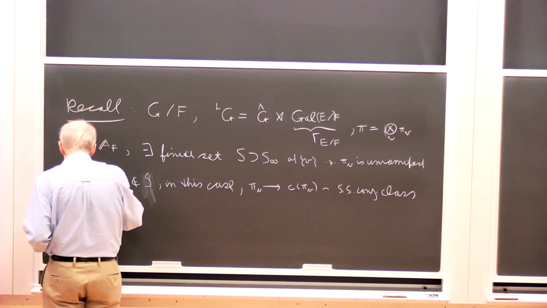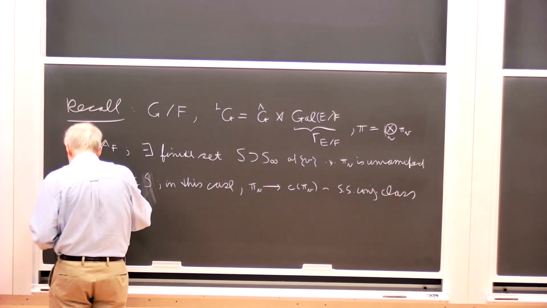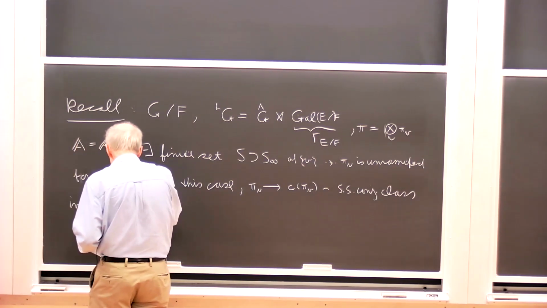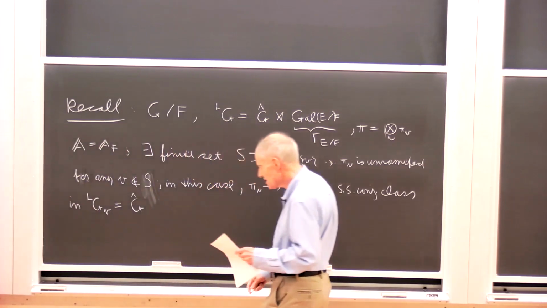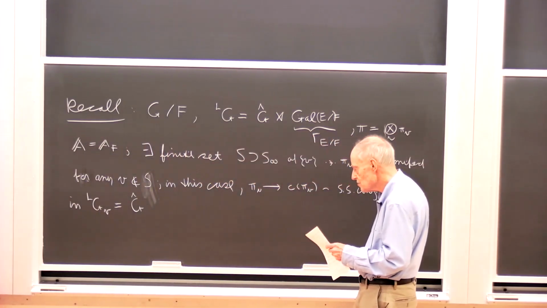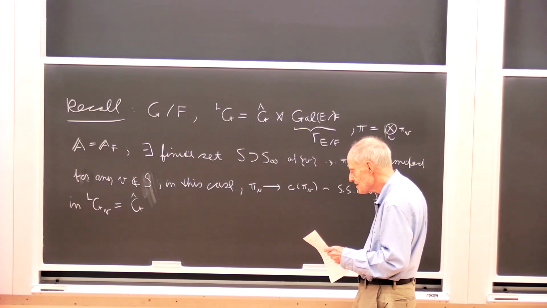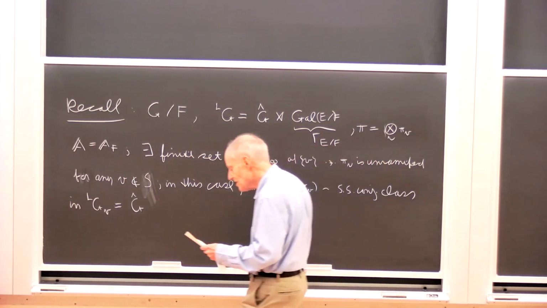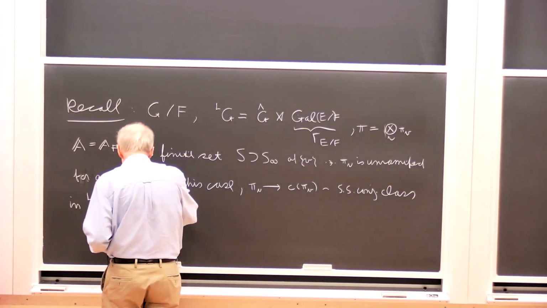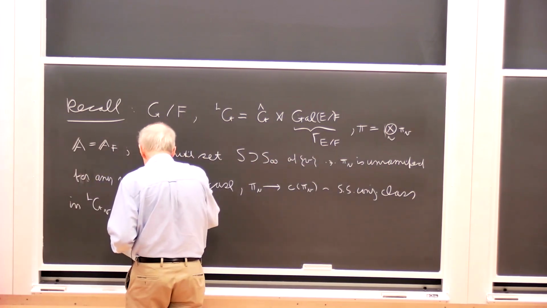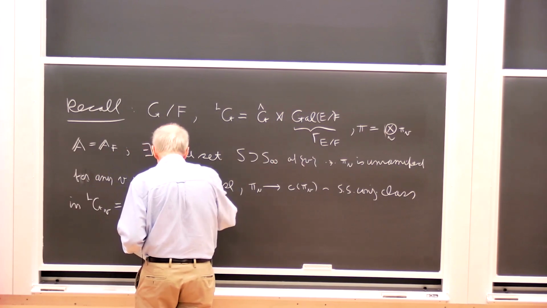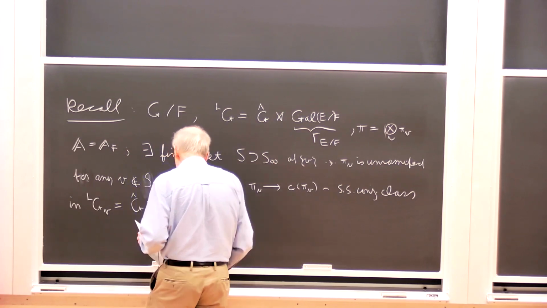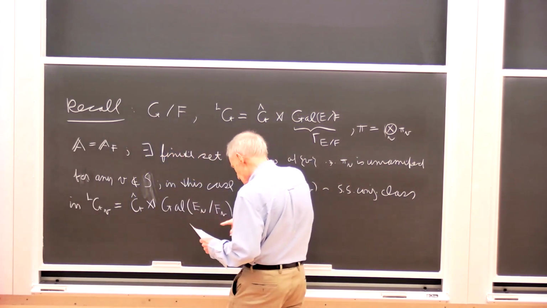In the local L group, which is G hat, the connected component of the local L group is the same as the connected component of the global L group. It's the dual group G hat, semi-direct product, Galois group, E V over F V. And this has a conjugacy class simply because of this thing.